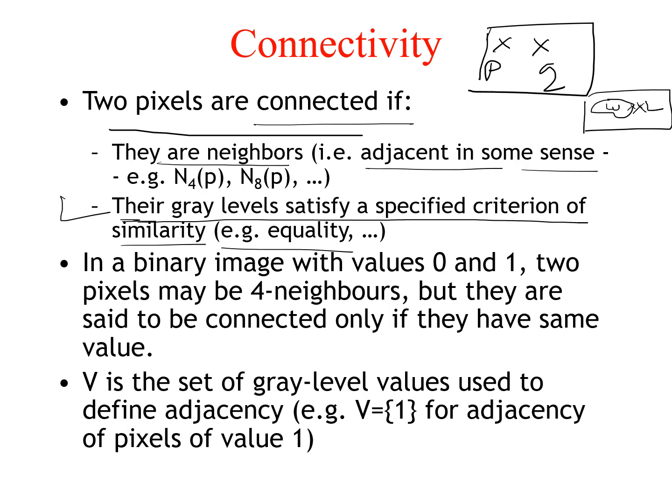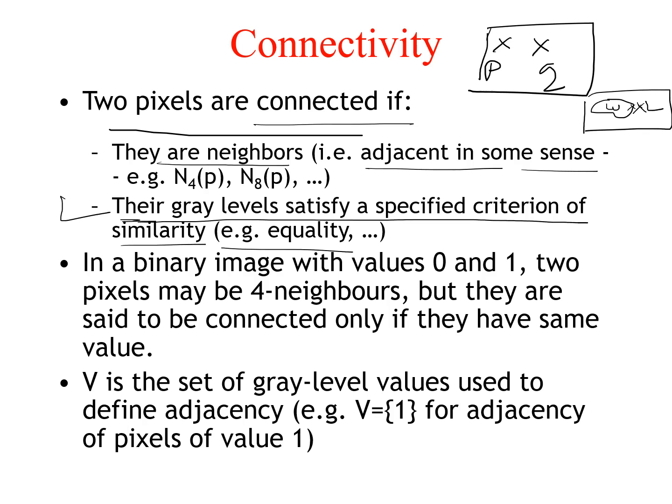Right now, just try to understand that even if two pixels are adjacent to each other, if they don't satisfy the criteria of similarity, then you cannot say they are connected to each other.